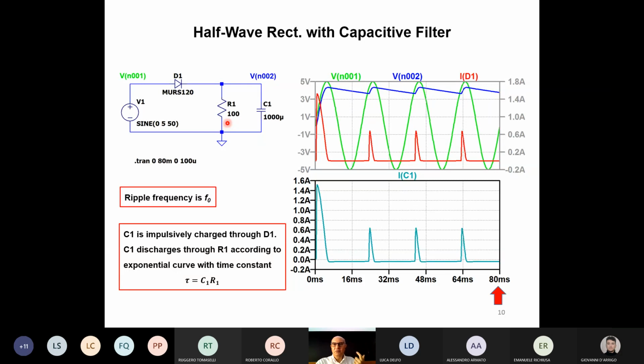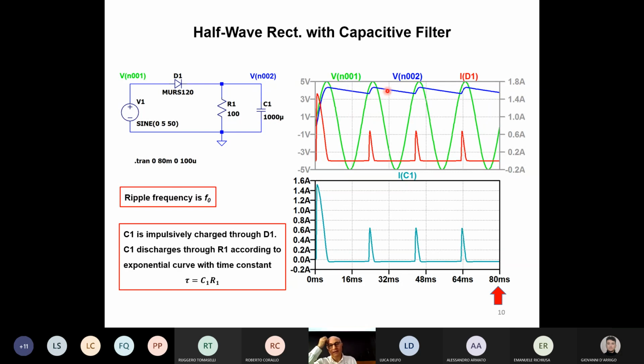This gives a strong change between the charging time constant and the discharging time constant. The charging time constant is basically given by the dynamic resistance of the diode D1, which charges the capacitor. When the diode opens, the discharge constant is given by C1 and the resistance which the capacitor sees, that is R1. So it is much longer.